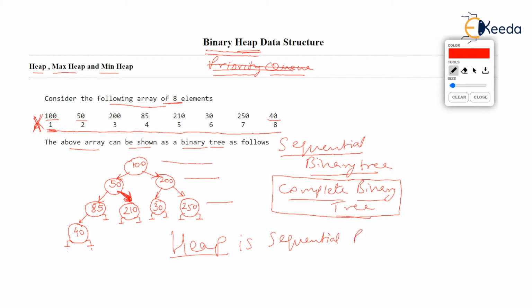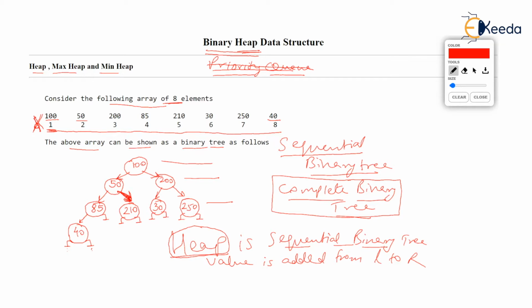It is a binary tree in which values or data is added in sequence from left to right, L to R. If you keep adding the values from left to right, what you get is a sequential binary tree, and that sequential binary tree itself is called heap.